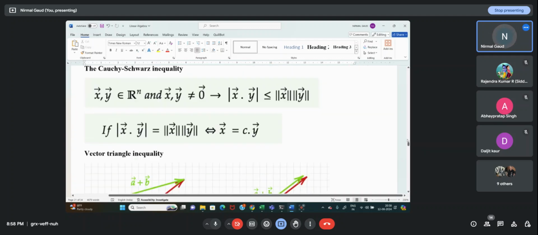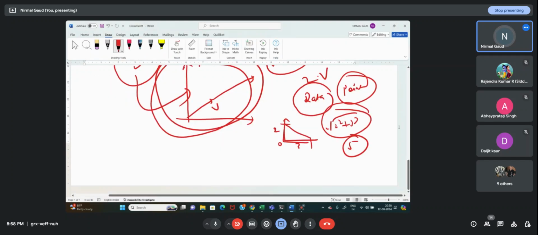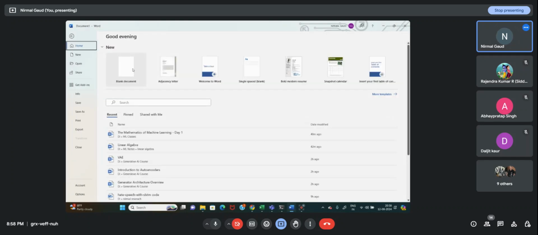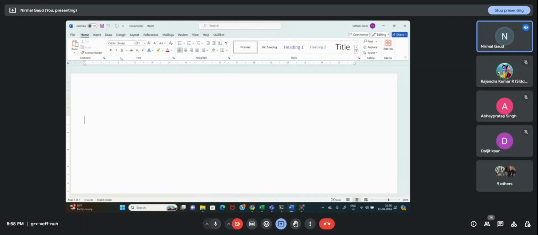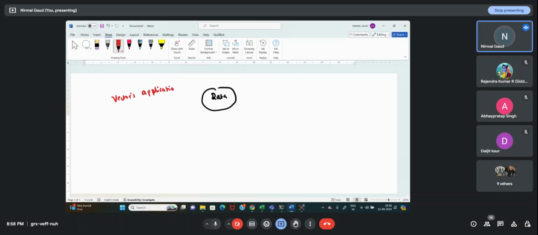So ultimately, what they are telling is, you have to understand it in terms of data. It's not that what you are studying is related to the vector. Vector is an application here. The terms you have studied for vectors, these are applications. The whole concept relies on data understanding.